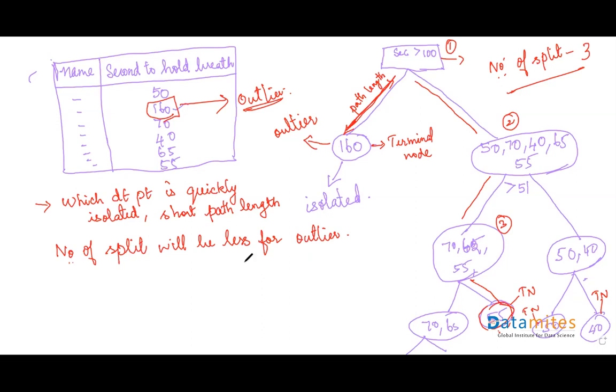But just by checking the path length or the number of splits, we cannot decide a data point to be an outlier. Basically we need a valid measure to consider a data point as an outlier, right? So for that, it uses the anomaly score function.